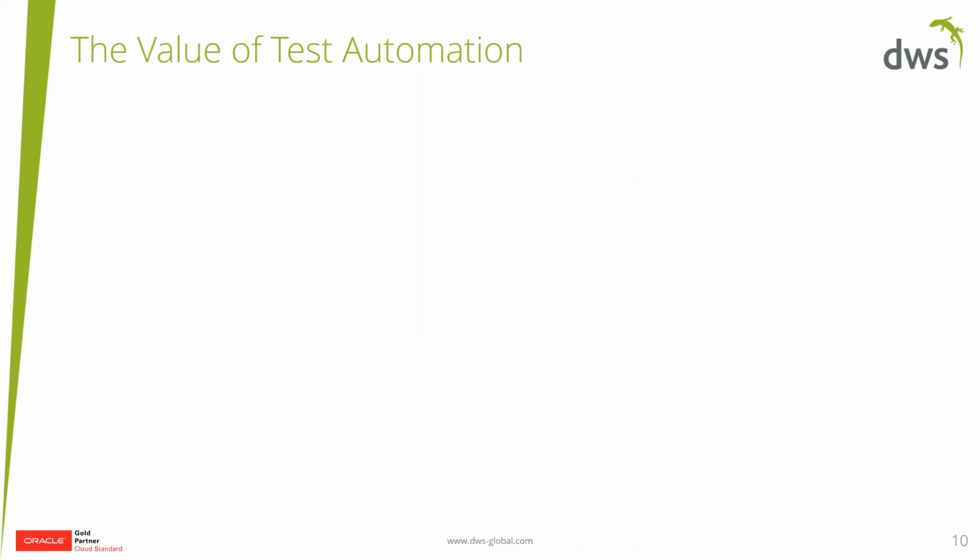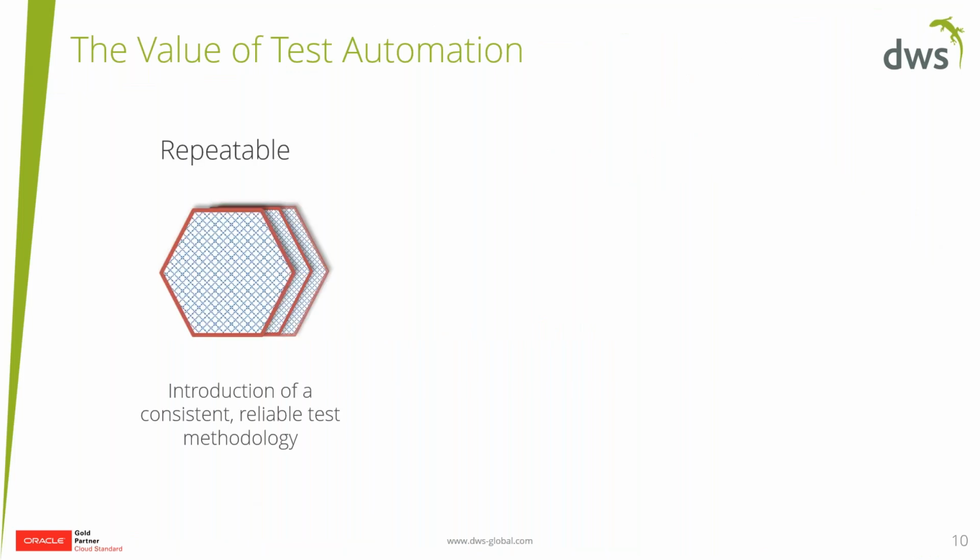When we talk about the value of test automation, the first area is repeatability. When you think of a strategy that addresses your business requirements and your needs as an IT organization, you really want something that supports repeatability. Within that tool, you want to see the ways that you run your business and projects reflected.